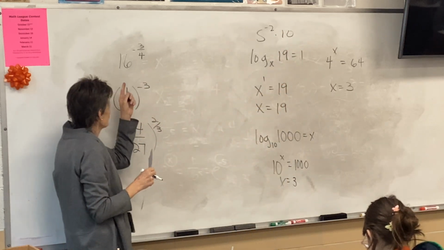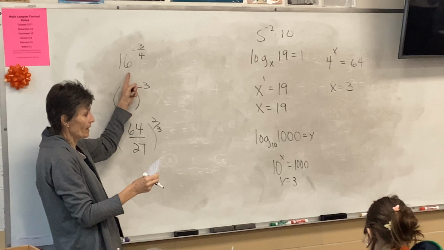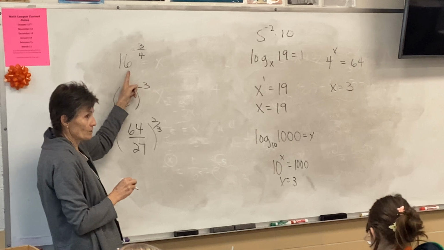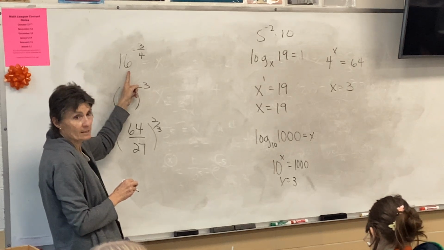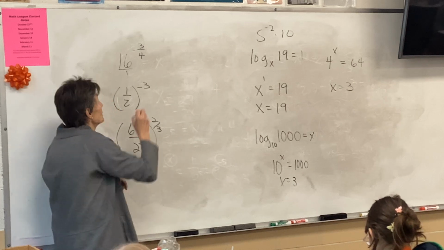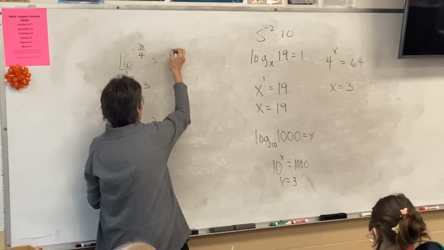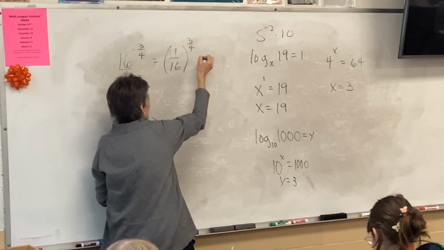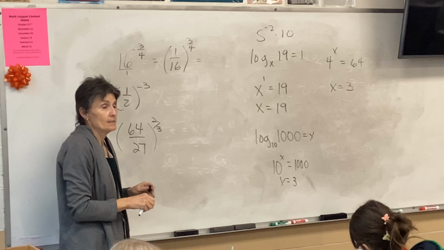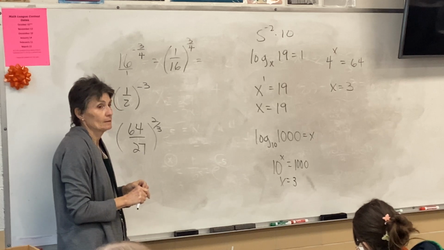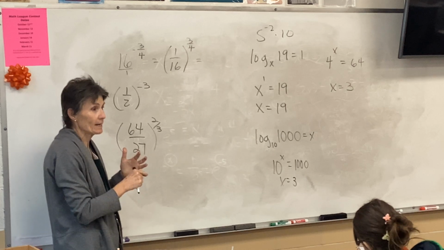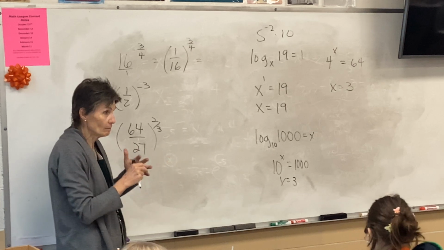Alright, so what's the first thing that pops into your head when you look at 2a? First thing that pops in is it's gotta flip. And it's 16 over 1 right now. So it's gonna be 1/16 to the 3/4. Now what pops into your head? Radical? Because a fractional exponent is a radical.